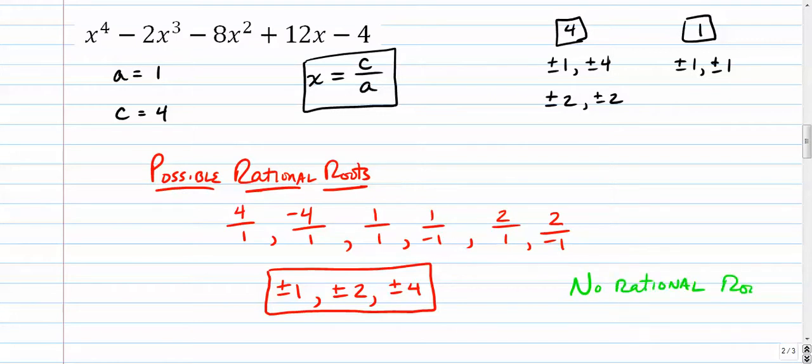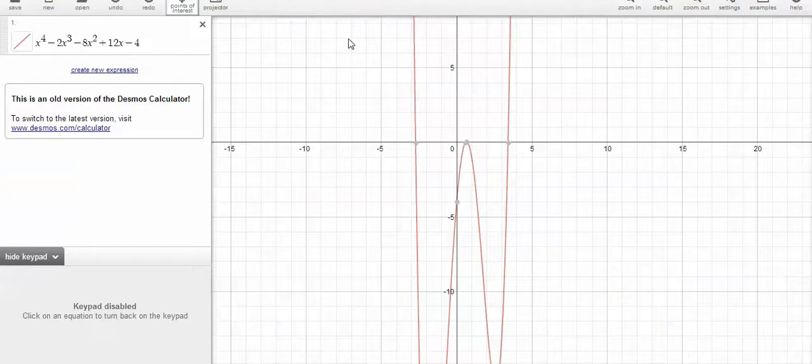No rational roots. All right, so these are the possible rational roots right here, but it turns out that none of them are actually true. So this polynomial here is going to have irrational roots. It clearly crosses the x-axis, so this is irrational, irrational, and irrational.